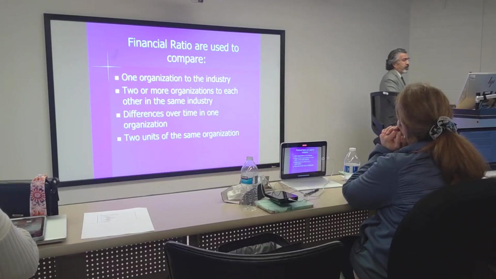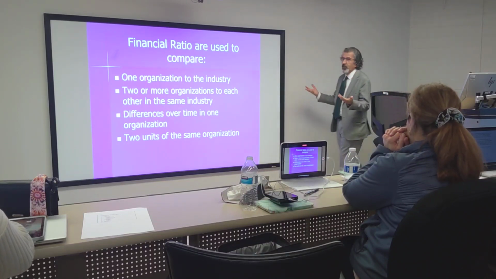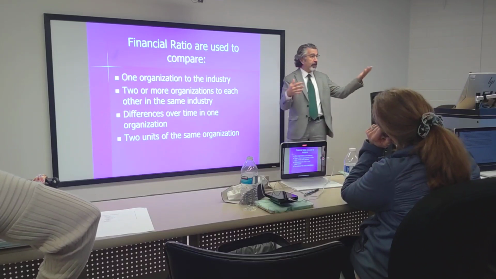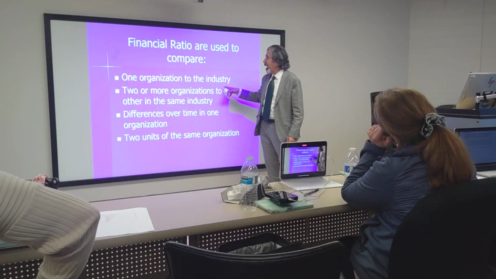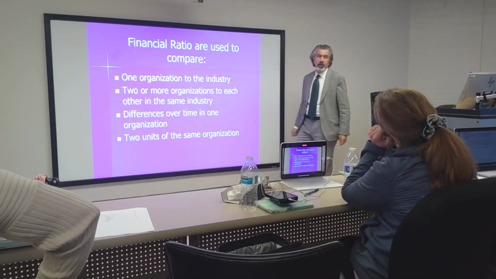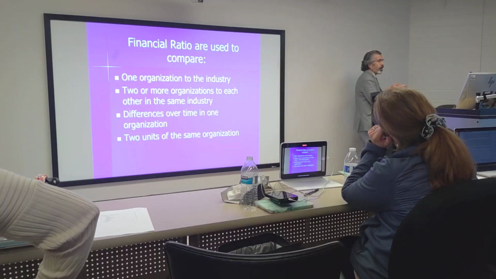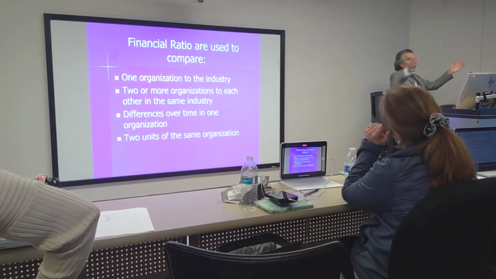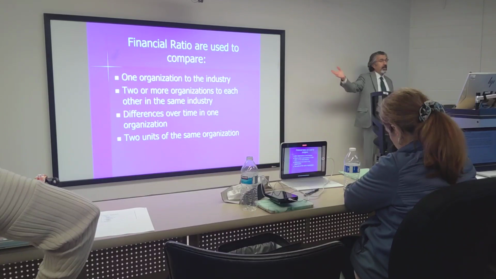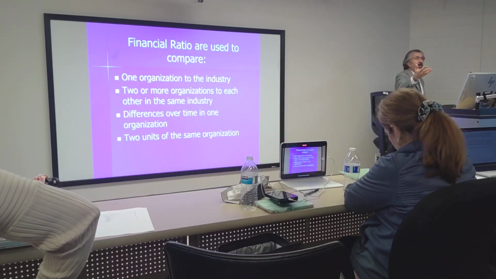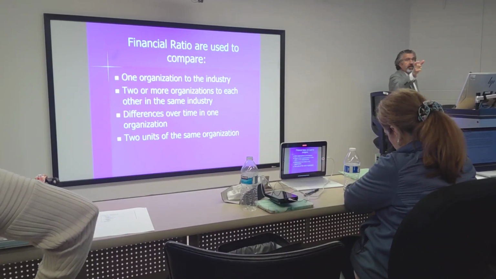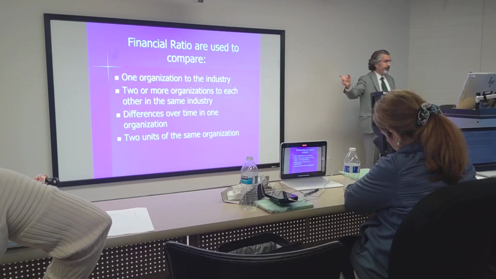But first, financial ratios are something you use to compare one organization to the industry. You compare Walgreens to all the chain pharmacies. That's an example. We're going to use financial ratios to compare Walgreens with everybody else.